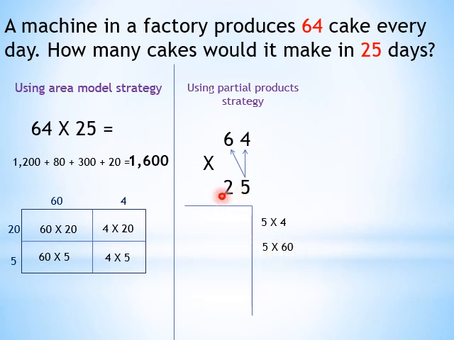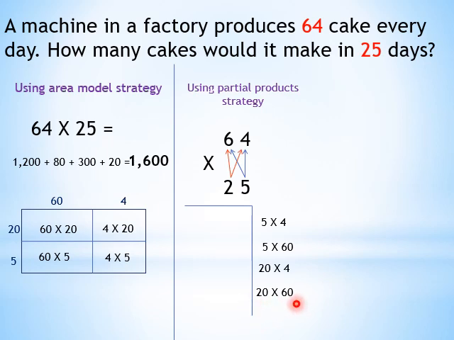Now it's the turn for the second digit, the tens digit, which is 2. 2 in the tens place is 20, by 4 in the ones place. So the partial product here is 20 by 4. And now I have 2 in the tens place by 6 in the tens place, so it will be 20 by 60.